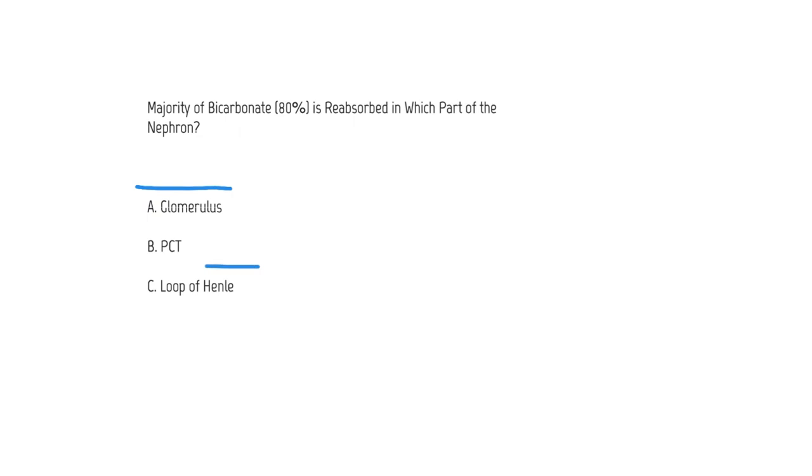And the loop of Henle is also not active in bicarbonate reabsorption. Besides a small portion of the thick ascending limb, there's going to be no permeability to bicarbonate. So now between our PCT and our collecting duct, remember that majority of the bicarbonate is being reabsorbed in the PCT.